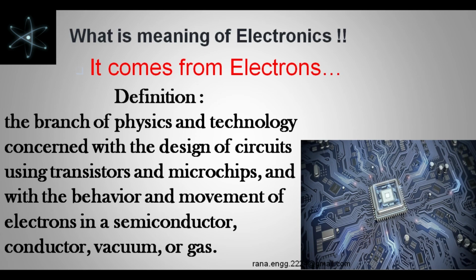So, the most important part in present day electronics is semiconductors, because we make transistors using semiconductors. Along with this, the study of electrons in semiconductors, conductors, vacuum or gas is also electronics. We have to discuss all those things.